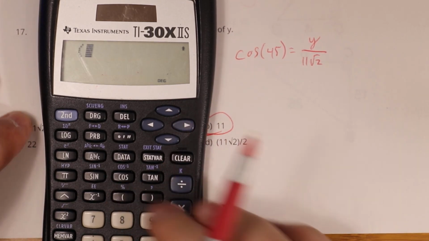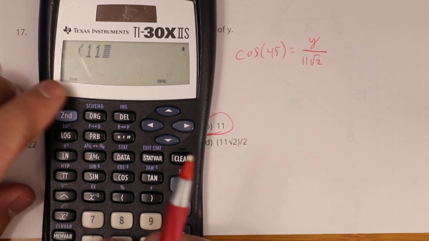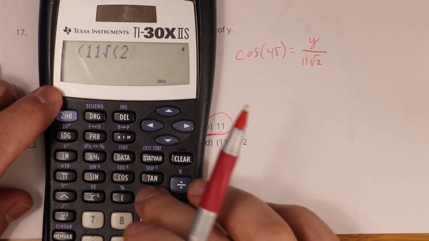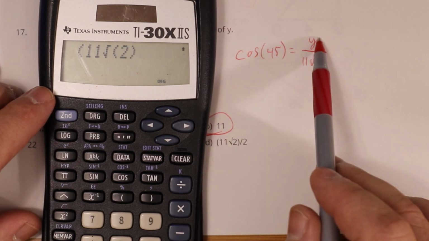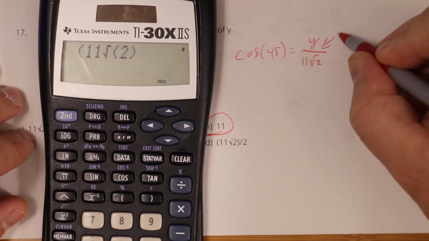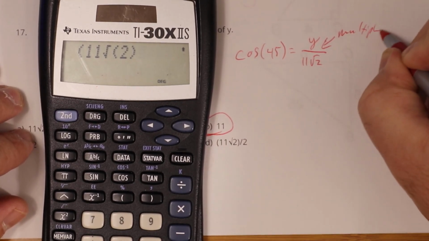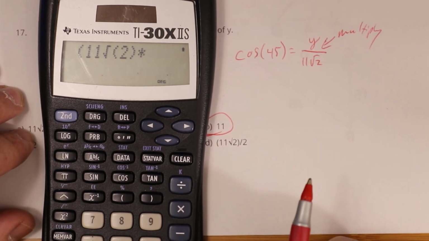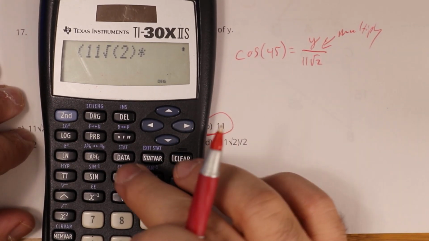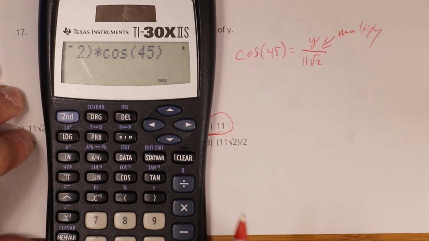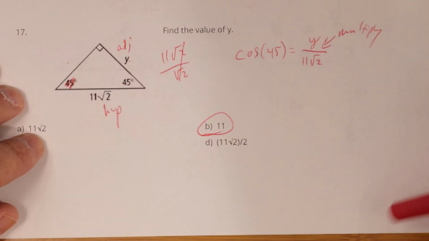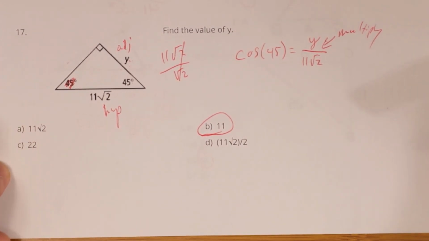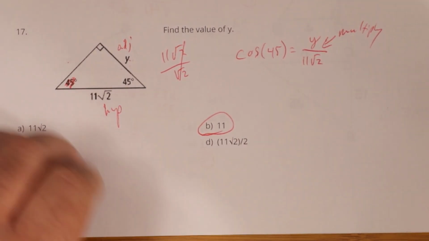So I'm gonna put parentheses around my 11 square root of 2. That's my number that comes from the fraction. This time y is on top, so I'm gonna multiply. And then the cosine of 45 goes at the end. I still get the same answer. It's actually trickier, in my opinion.